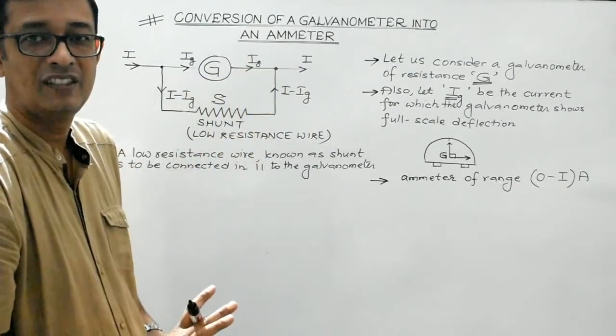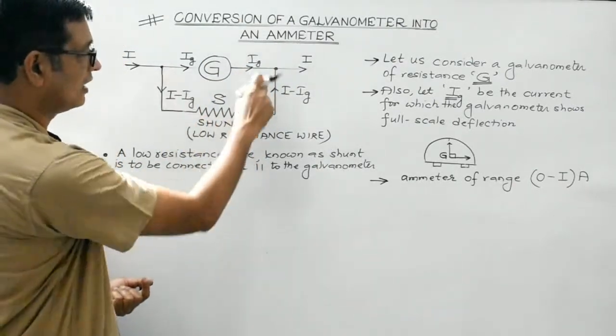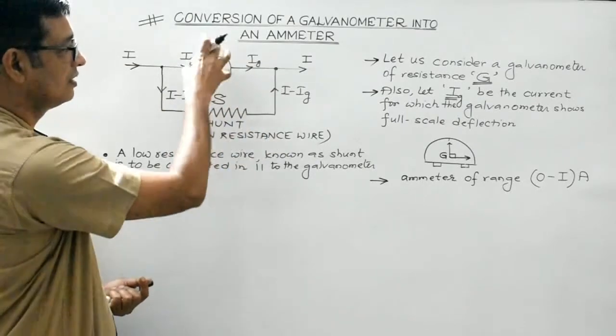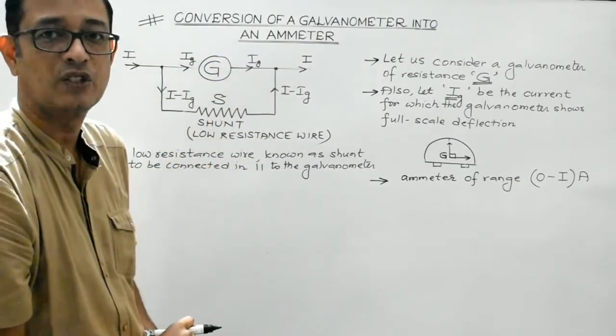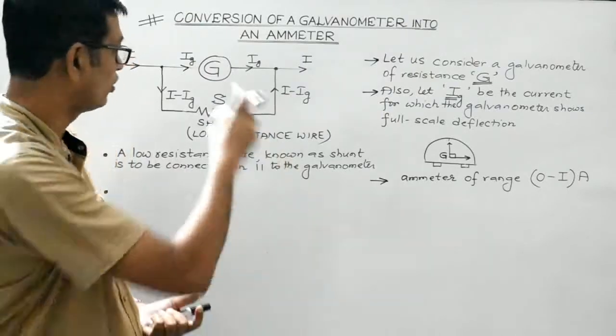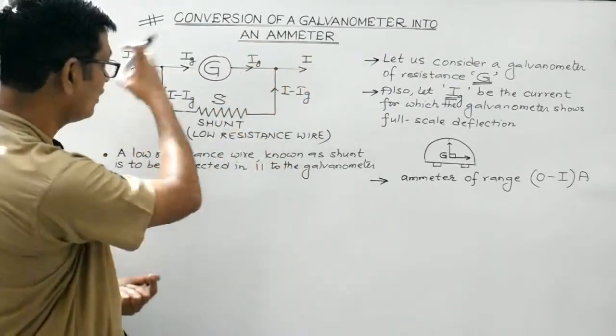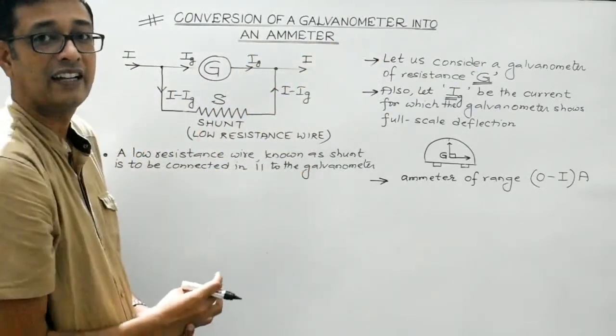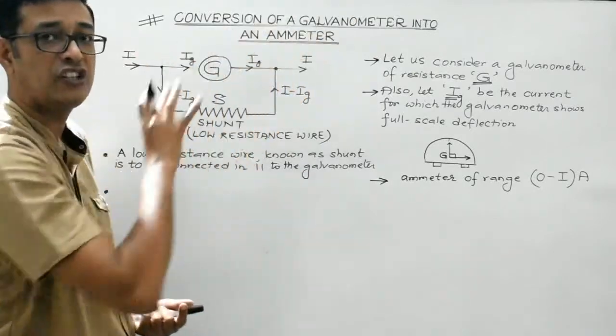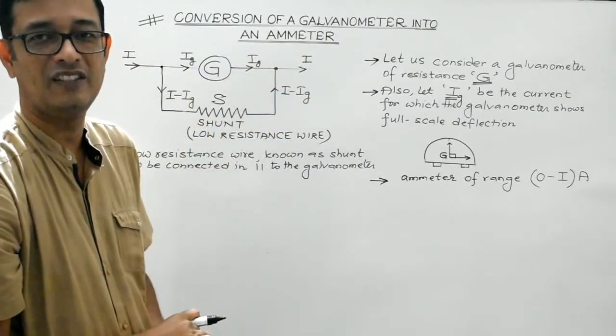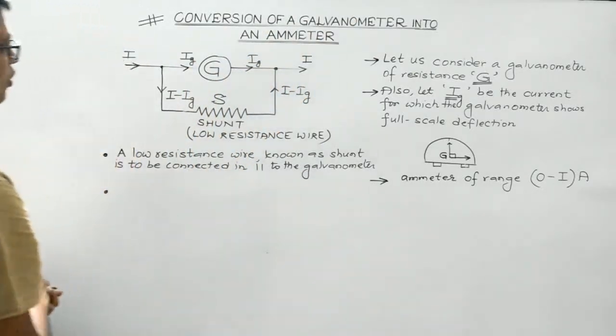Clear, students? So basically, by connecting this shunt in parallel, it is helping the galvanometer to save itself from getting damaged due to the excessive flow of current. It is shunting out the excessive current and allowing a safe Ig current to flow through the galvanometer coil. Right, students? Okay.